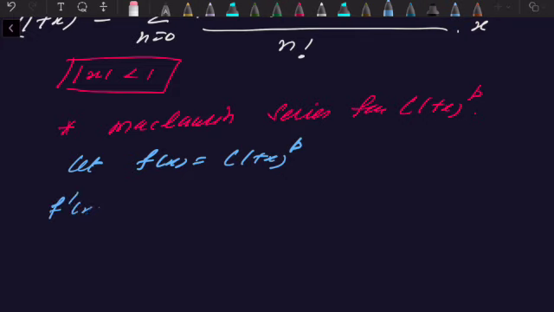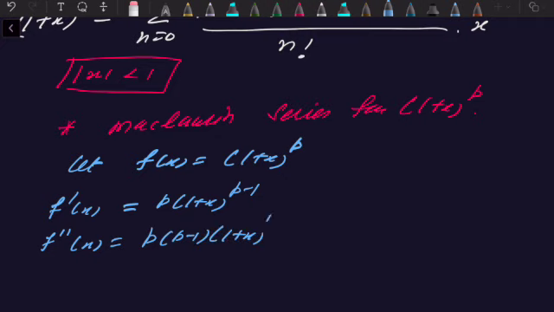First derivative: p into 1 plus x raised to power p minus 1. Double derivative: p into p minus 1 into 1 plus x raised to power p minus 2.